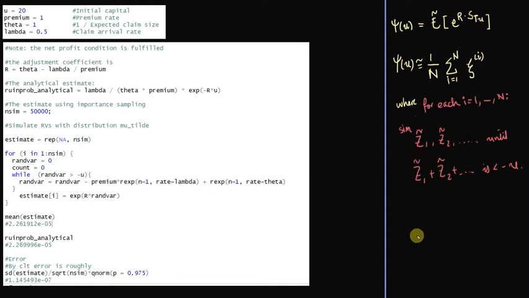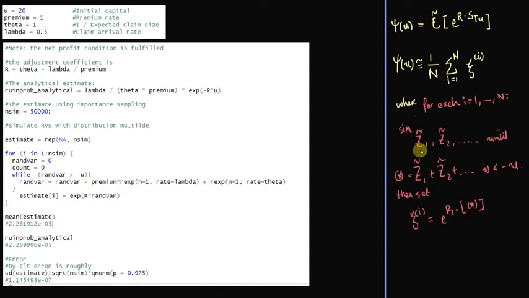When that happens, we set psi I to be equal to e to the r multiplied by, let's just define this thing as star, r multiplied by star. We do that for I equal to 1, 2, 3, and so on. That yields a sample of capital N of these psi's, and then we take the average of them.